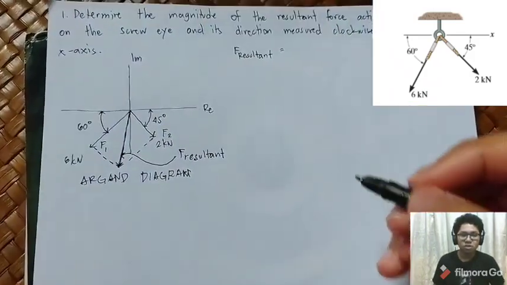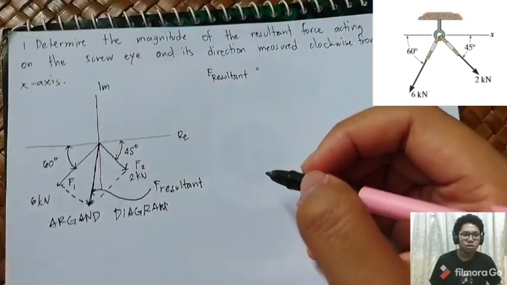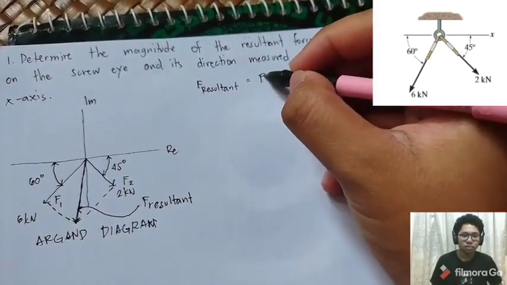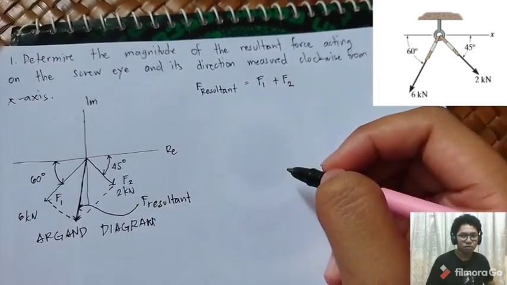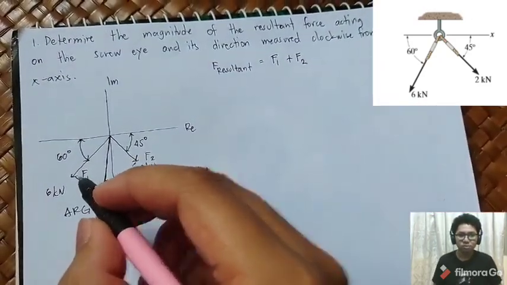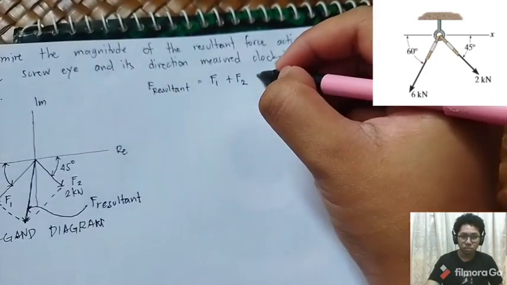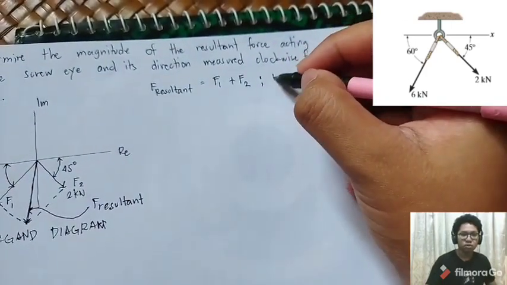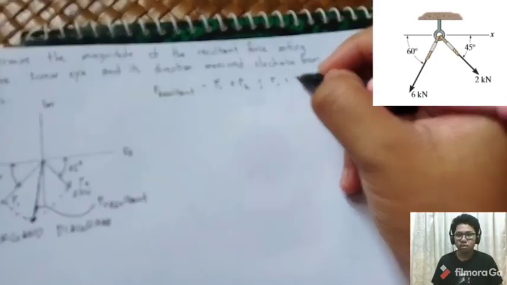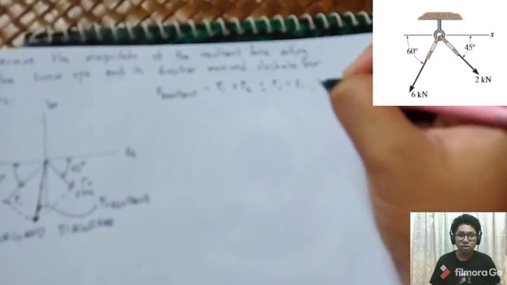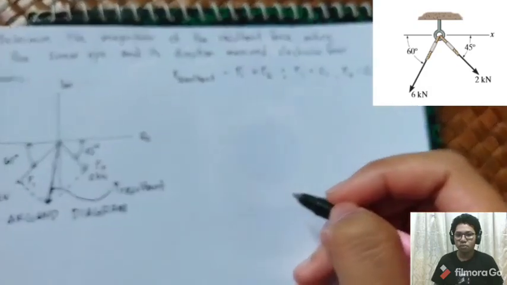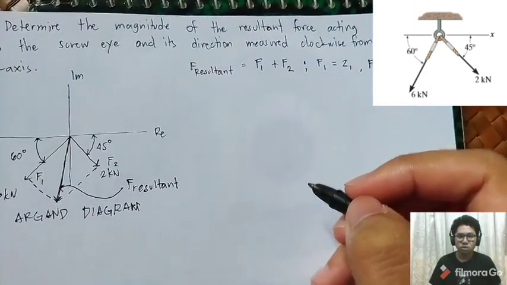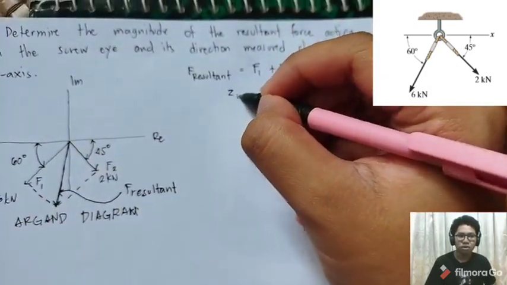That is just the sum of force number 1 and force number 2. So we can equate that force 1 is equal to Z1 for complex and force 2 is equal to Z2.